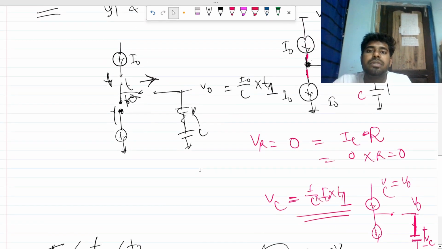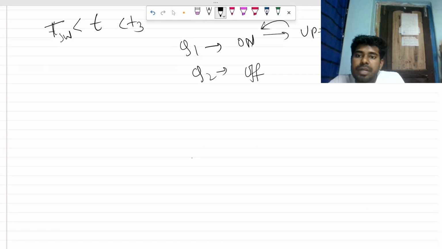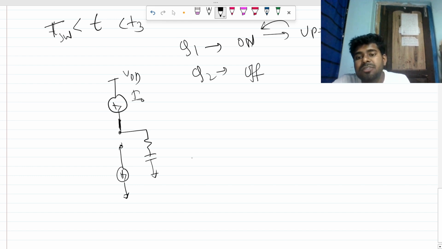So the equivalent picture will be like the following. This is VDD, this is I naught, and here is this kind of thing. Actually this current is also 0, as that switch is not conducting. This is just the equivalent picture, so don't get confused.